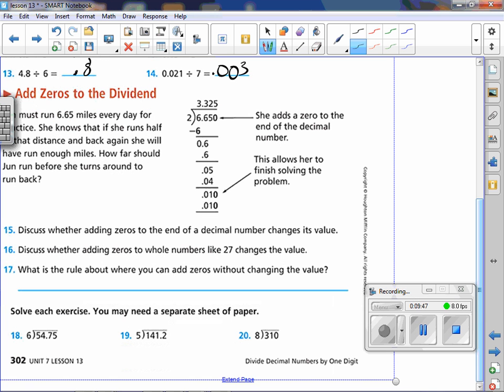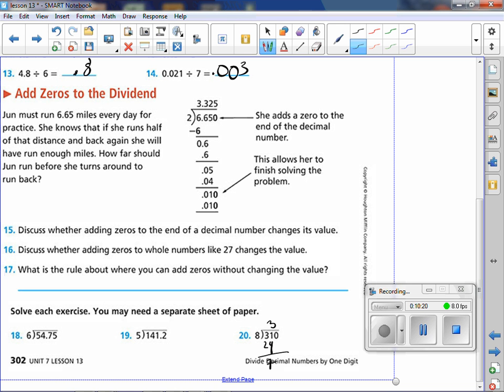Okay, so we've got 18, 19, and 20. Let's go ahead and do 20 together. There's no decimals here. 31 divided by 8 is 3. 3 times 8 is 24. 31 minus 24 is 7.